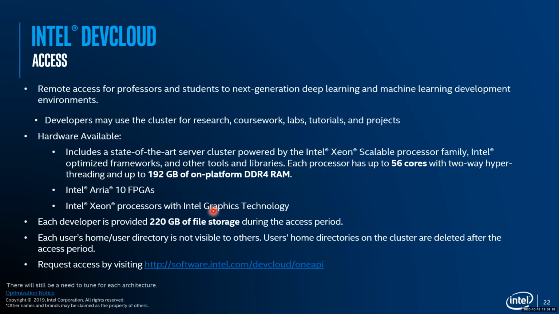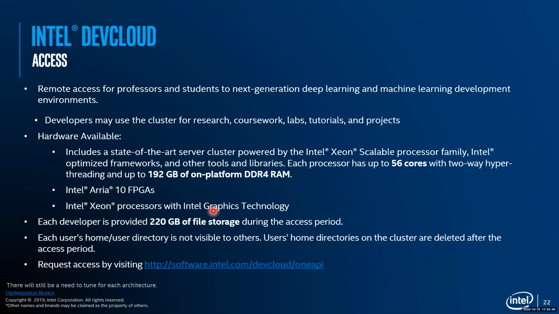So we'll also see what's actually in the DevCloud. We got a whole bunch, right? It's hundreds of Xeon scalable processors, usually high clock speed, about 192 gigabytes of RAM, and we also got around 10 FPGAs, probably.